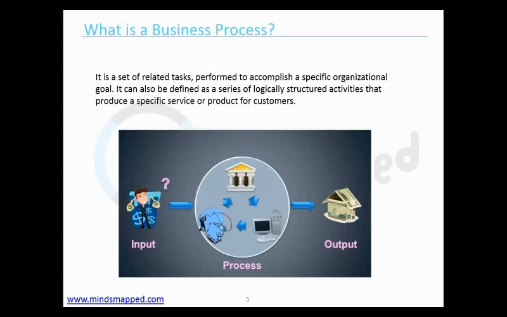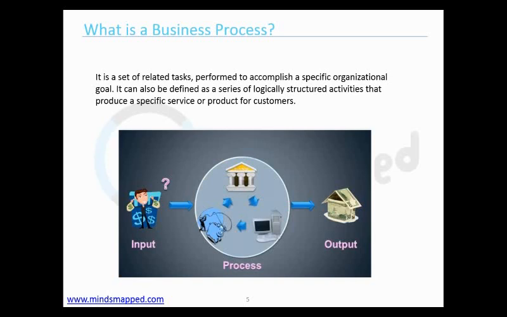Okay. Got it? So let me give you one more example. You must be aware of mortgages, or home loans, when as a customer we go to the bank and want to take a home loan against a property. The bank has a loan department altogether.